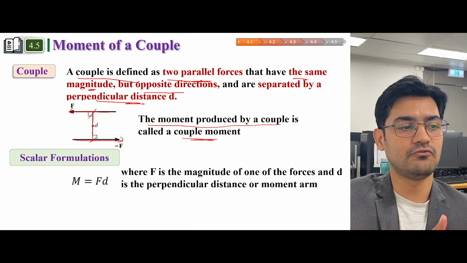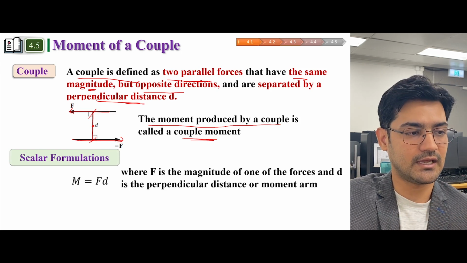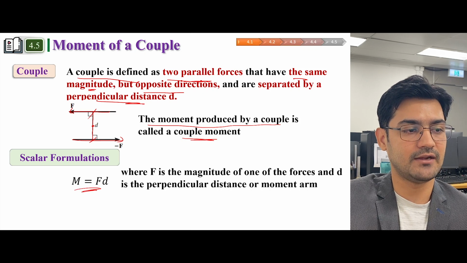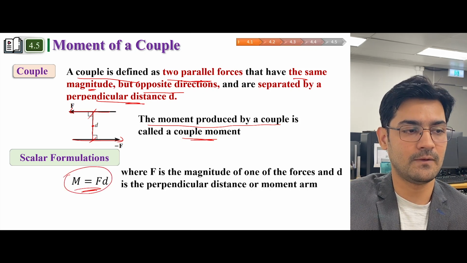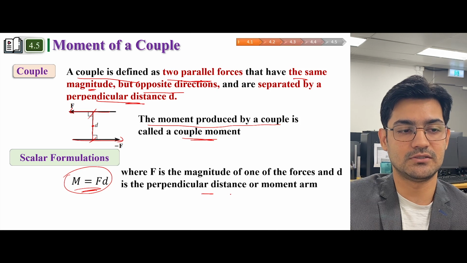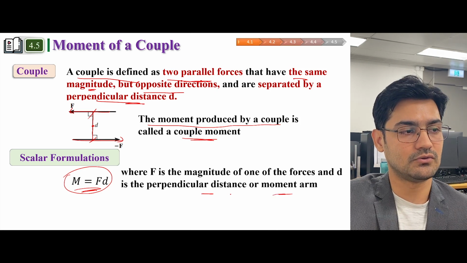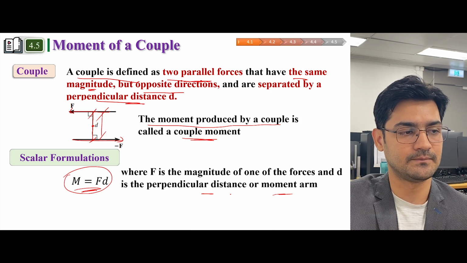Now, there are two formulations for the couple also: scalar formulation and vector formulation. Scalar formulation is pretty straightforward. The formula is F times D, just like before, where F is the magnitude of one of the forces and D is the perpendicular distance or the moment arm between these forces.